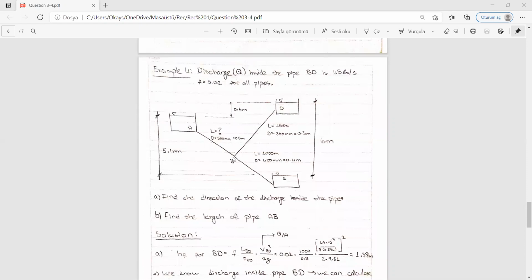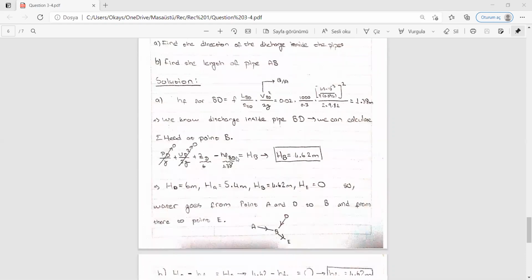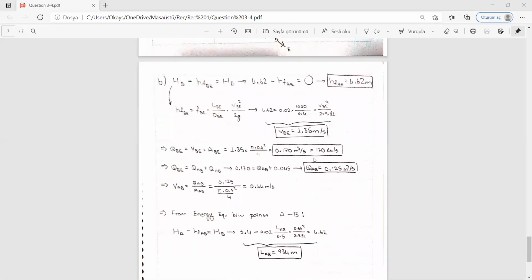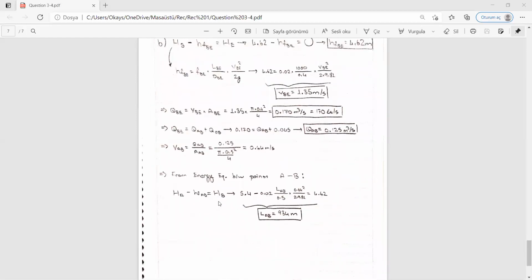I don't know what is the elevation of this point. Here in part A, I calculated the total head at point B. So total head means pressure head plus the velocity head plus the elevation head. So this 4.62 is the summation of all the heads at that point. So we are actually adding it inside it.